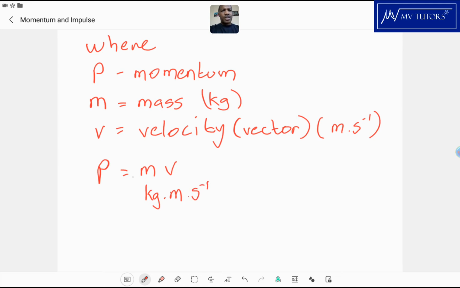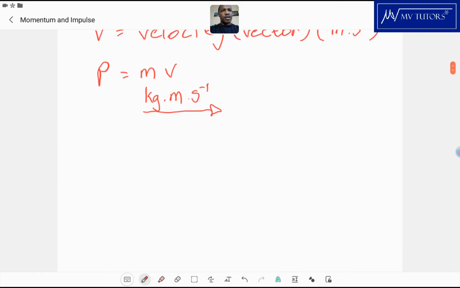Since momentum is just the product of mass times velocity, you multiply the units as well, and these are the units of momentum. It's kg meters per second. All right, now we are done with momentum.